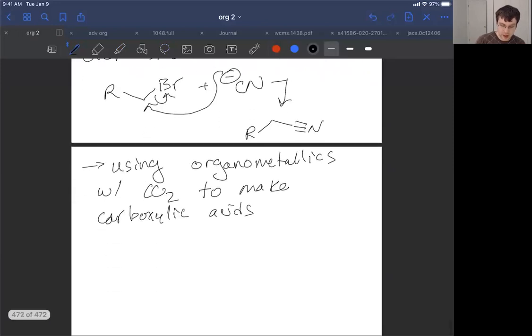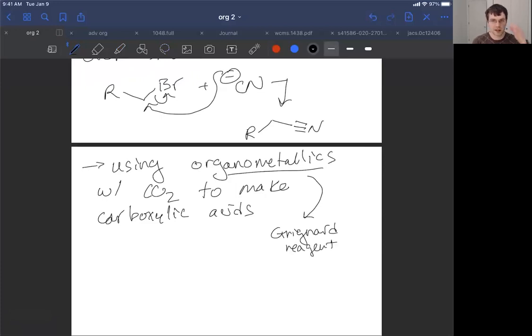Okay, the way this reaction works is in organometallics. Let me clarify what that is. That could be our Grignard reagent or something like a Grignard reagent. You can use an organolithium, all the stuff we haven't really talked about, but I'll focus on the Grignard reagent.